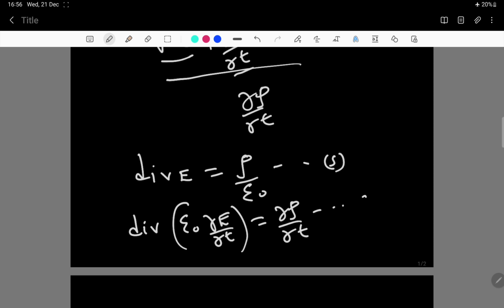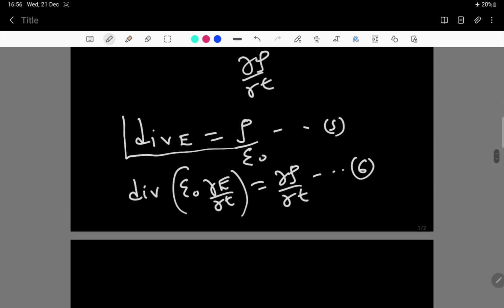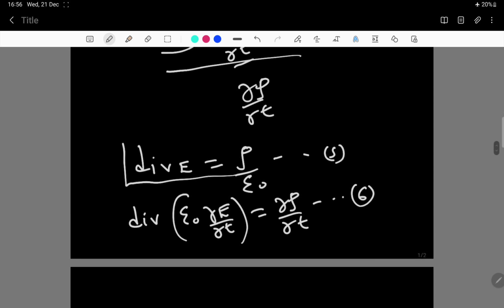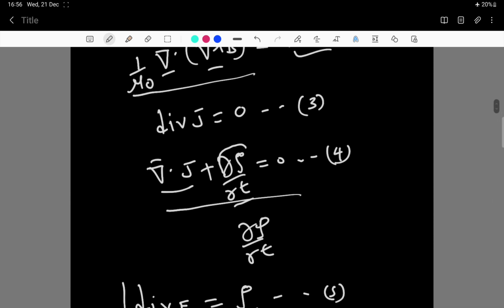Let's call this equation 6. Now, using equation 4 and 6, this is equation 6, and equation 4 was the equation of continuity.